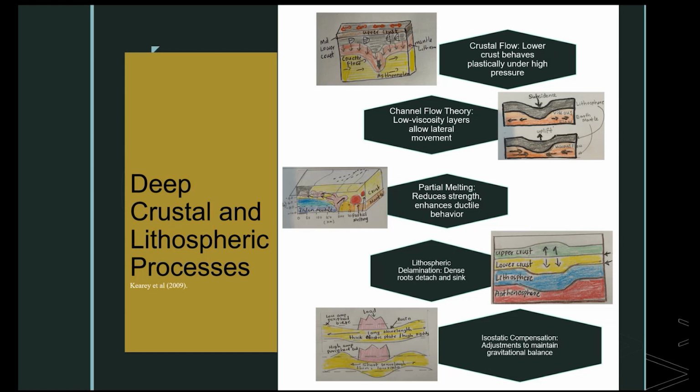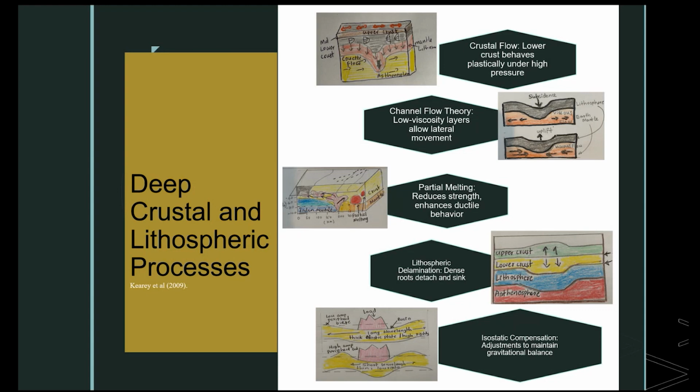In the lower crust, at great depths and under high heat, the lower crust can behave more like a viscous fluid. In lithospheric flexure, the lithosphere can be bent under weight, a process known as flexure. This can create foreland basins and uplift areas adjacent to mountains.